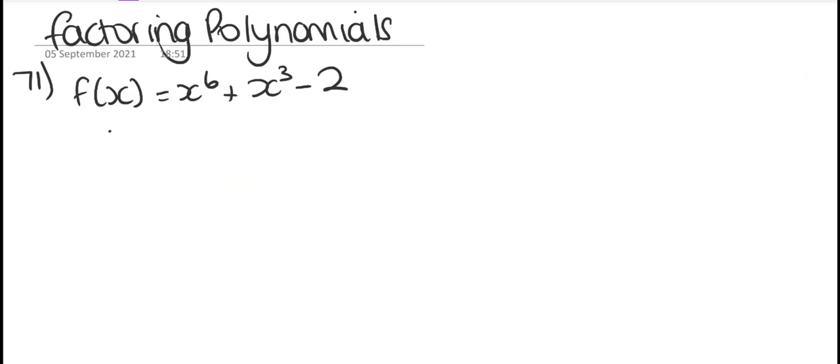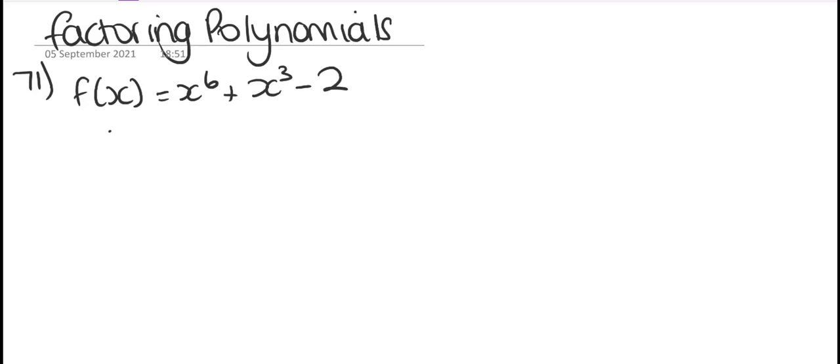Okay, so looking at factoring polynomials with a degree of 6. This time, we need to factor as if it was a quadratic, but we need to do something first.